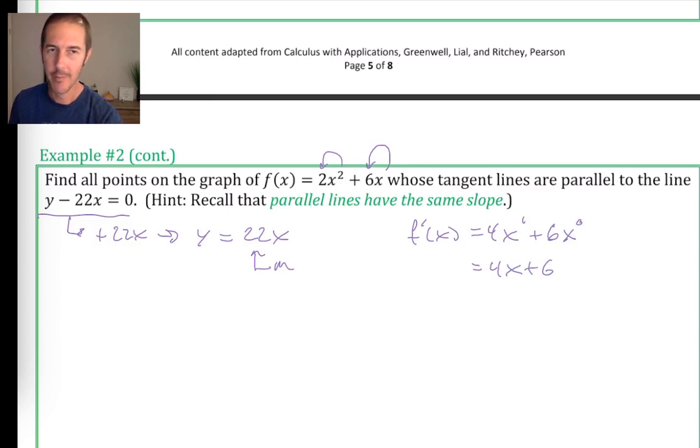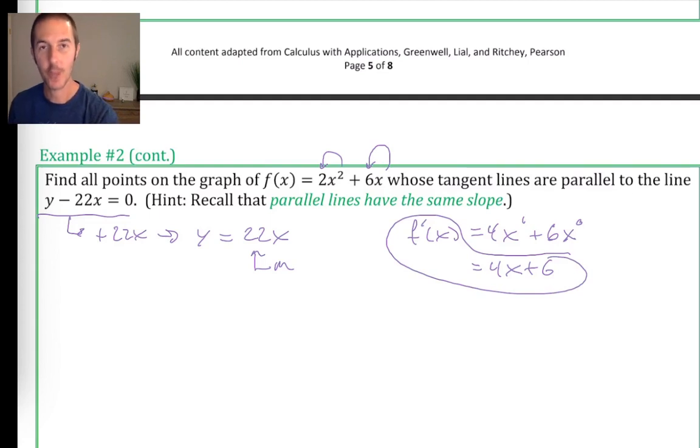We want to find all of the points on the graph. Let's start out with figuring out when on the original graph there would be a tangent line with a slope of 22. We can do that by taking this fabulous function which generates slopes of tangent lines, and we want the slope of the tangent line to be 22.